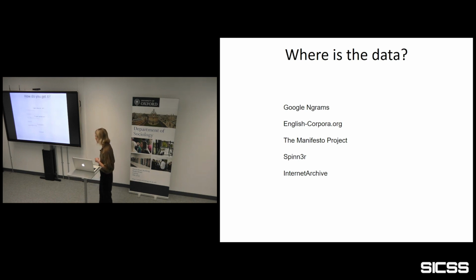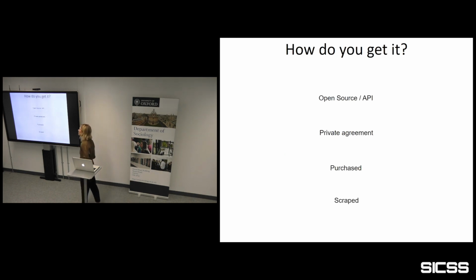And how do we get at it? We talked about this a little bit yesterday, but open source or an API is obviously ideal, especially if the open source, as we talked about, isn't from a hacker who just dropped it there for you, but is actually open source, where someone has said you can have this, or an API where they give you a structured way of getting it from them. Then there's a private agreement; my dissertation data is a private agreement with a company.